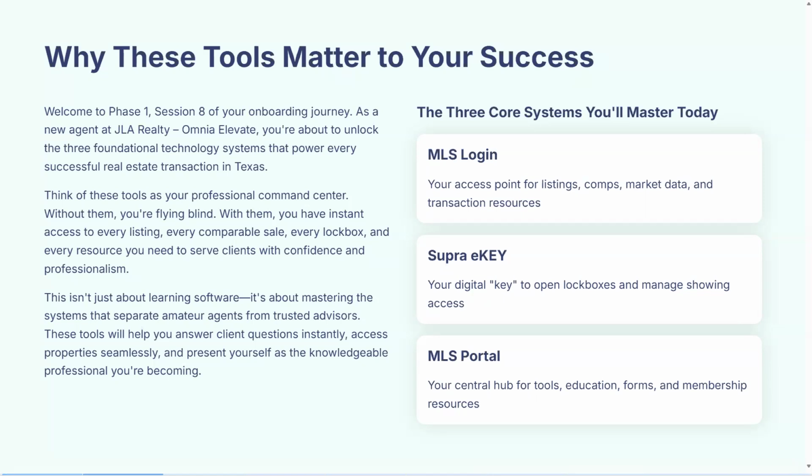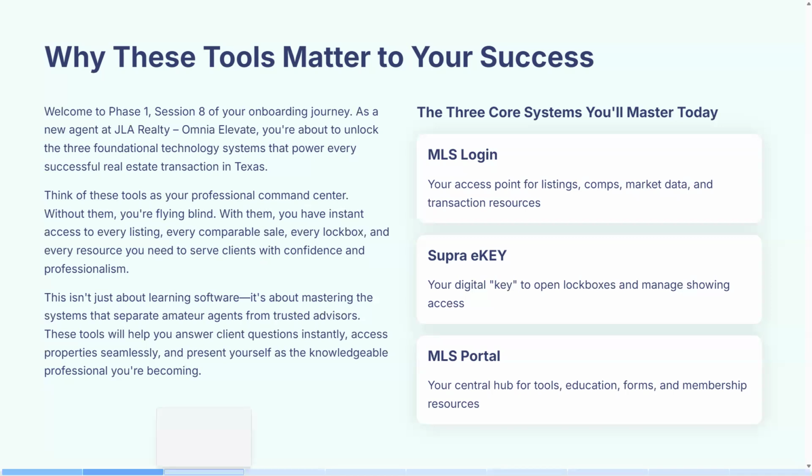So what we're going to look at today is your MLS login, how to get access to the data for your comps, and also if you get listings, where do those listings go? Supra eKEY, this is how you're going to access those lockboxes. And then the MLS portal. It's a central hub for tools, education, forms, memberships, resources, and a lot more.